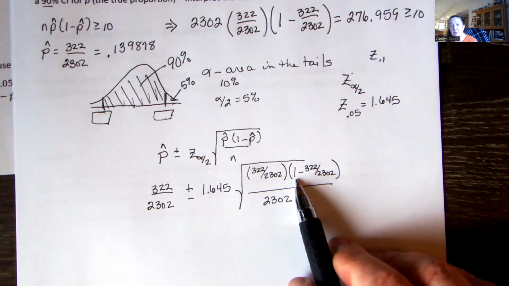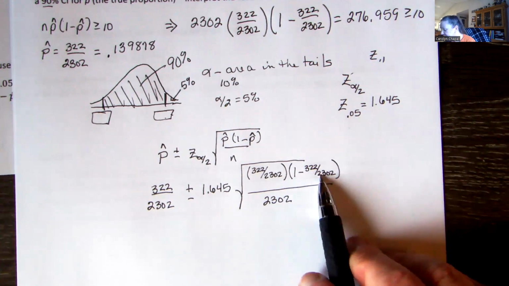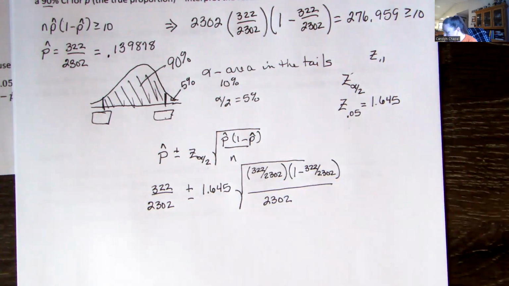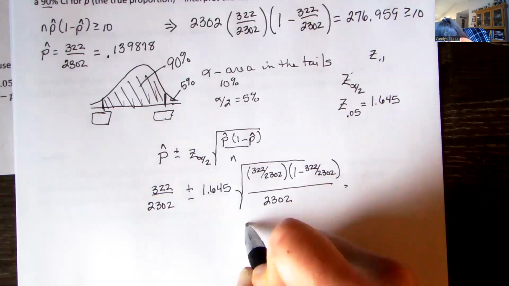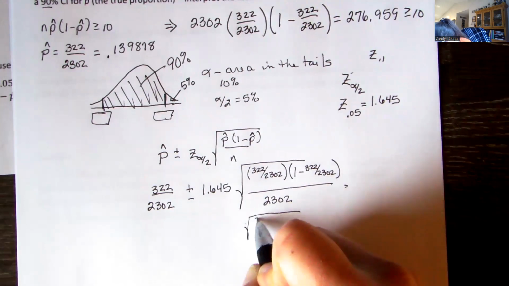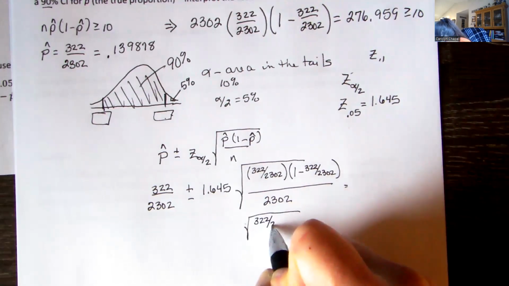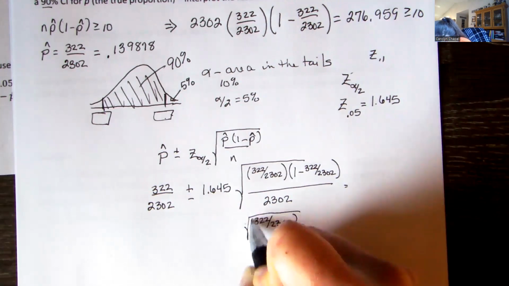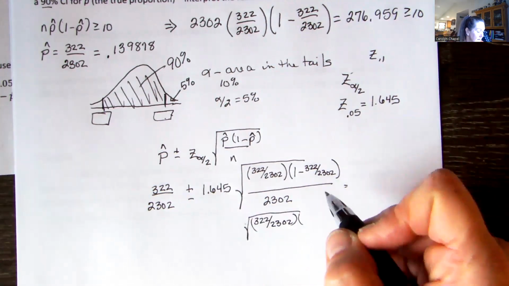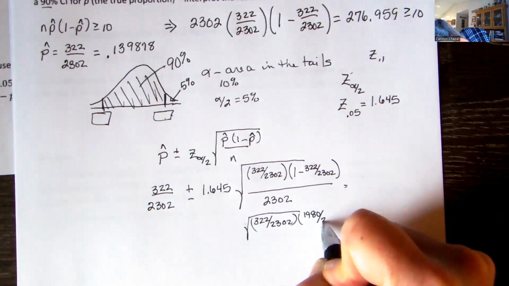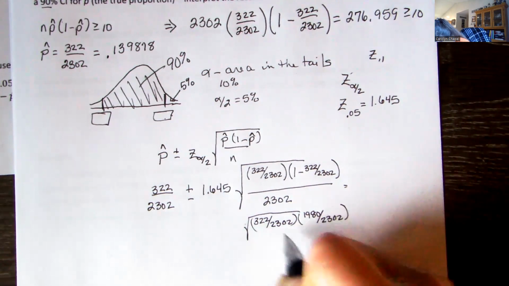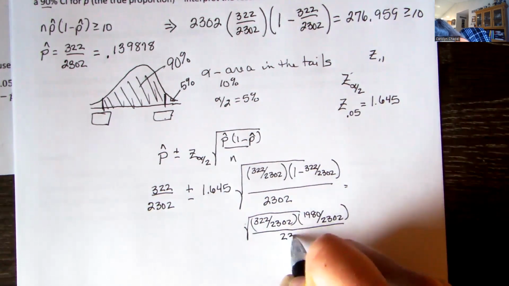So the first thing I would do is actually do this 1 minus and get the fraction that is. And I get that this piece in here, so I'm just going to rewrite this. 322 over 2302. That becomes 1980 over 2302.